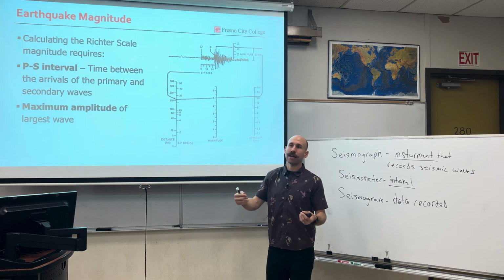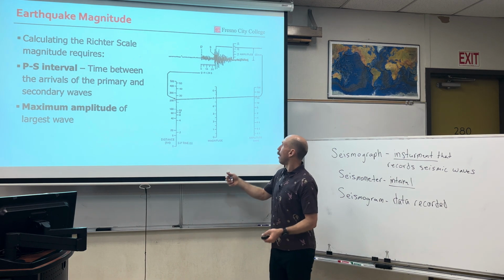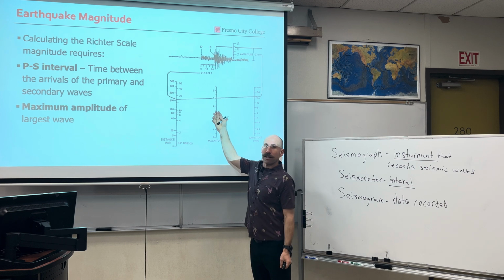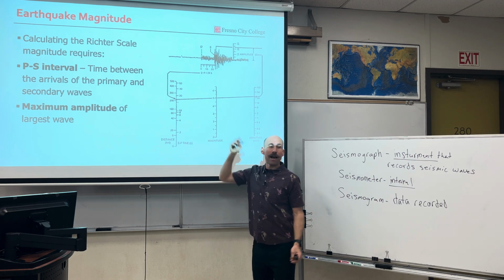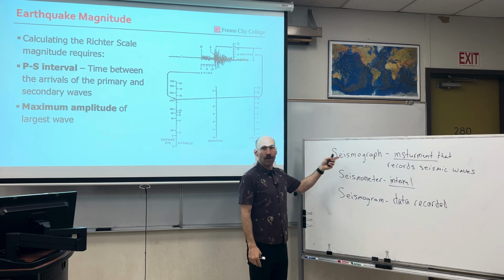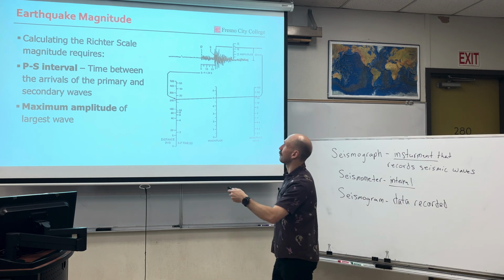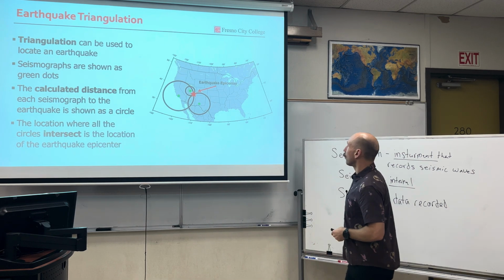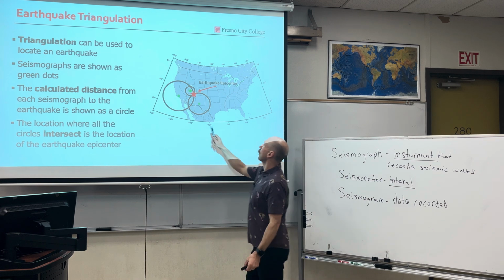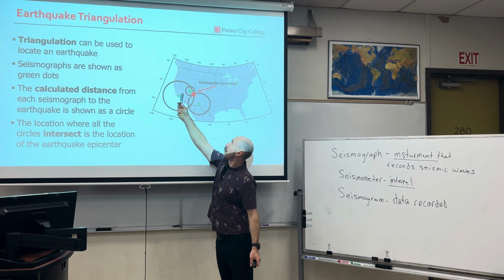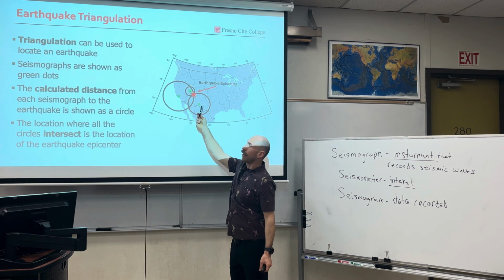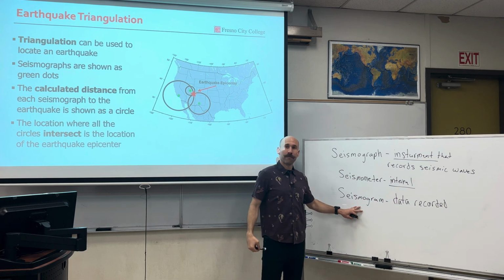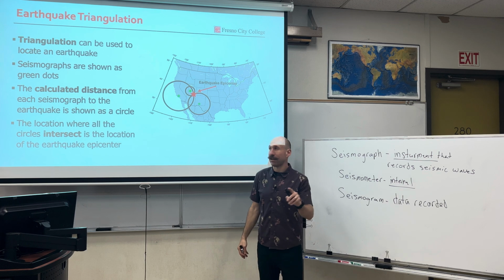Intensity is going to be looking at the amount of ground shaking. And it uses the information provided by seismographs when an earthquake occurs. Well, you could take seismograph data from 3 points and using the seismogram, calculate the distance from that point to the epicenter.